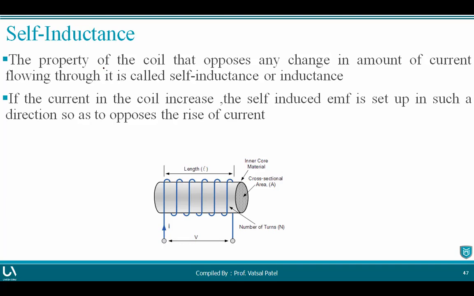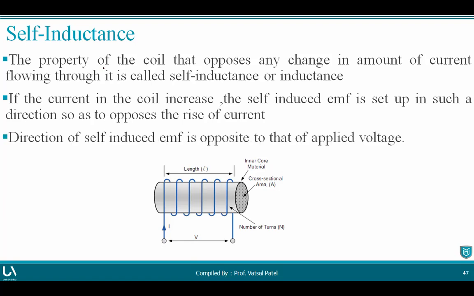As we also discussed in the previous part about the induced EMF, that sentence is given here: if you increase the value of current, the self-induced EMF set up inside the coil is in such a direction as to oppose the rise of the current.